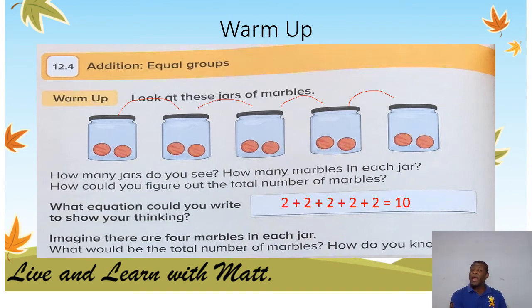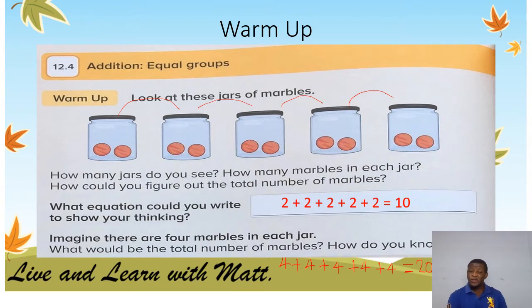Now, imagine there are 4 marbles in each jar. What would be the total number of marbles, and how do you know? So let's imagine there are 4 marbles in each jar. So we're going to have 4 plus 4 plus 4 plus 4 plus 4, which is equal to 20. 5 jars of 4 marbles.